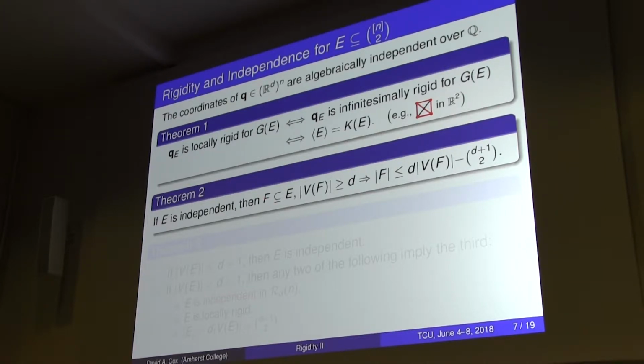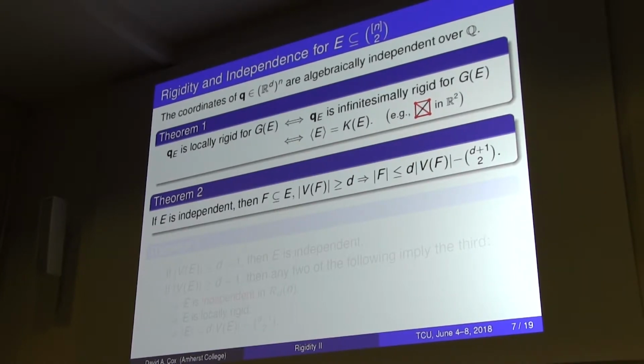When I have linearly independent rows, that's my rank condition, and that's this result right here: the number of edges, which would be the size of F, is at most the dimension times the number of vertices. So this result right here gives us that result there. And we'll see that this is part of what happens when you look at various theorems trying to characterize rigidity.